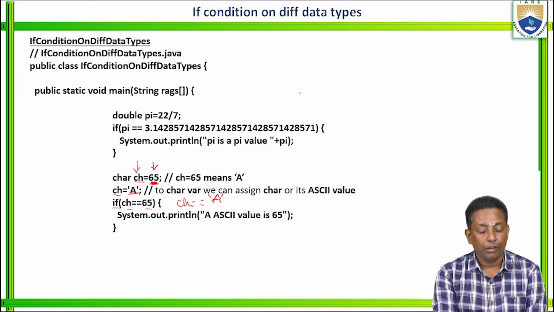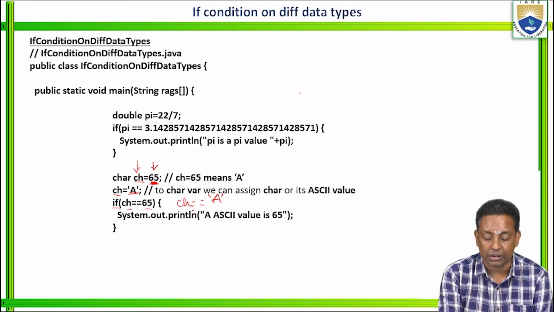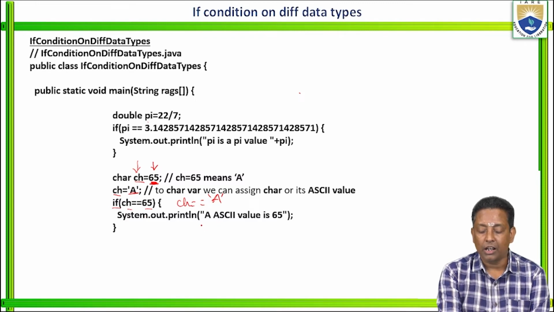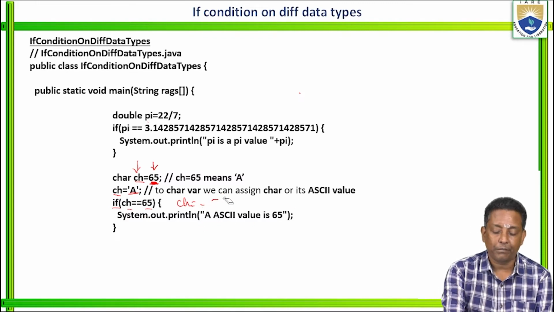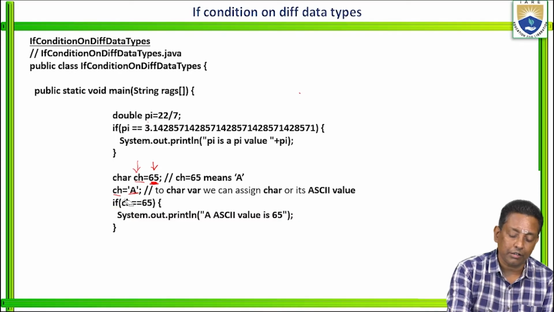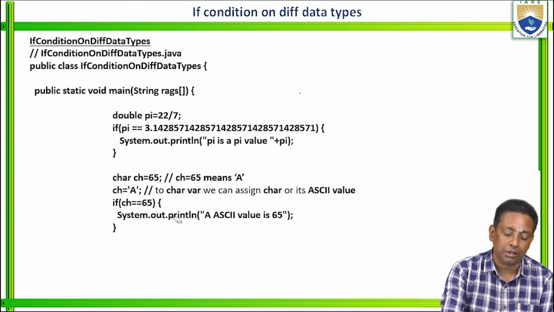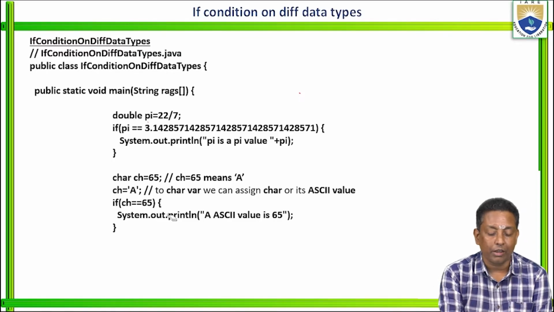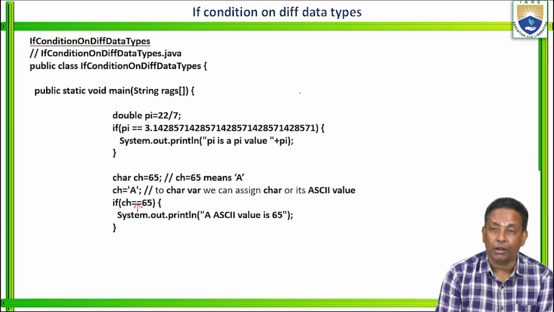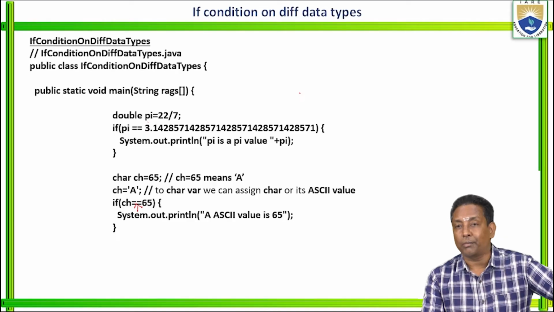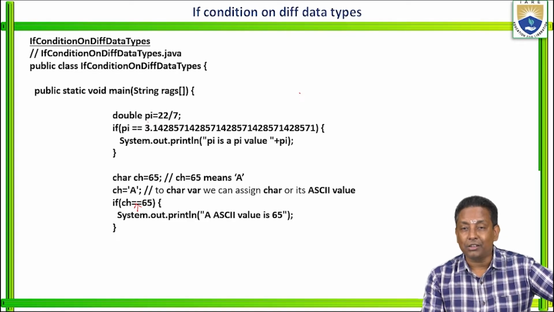Both are the same. If ch is equal to 65 or ch is equal to 'A', then we print System.out.println "A ASCII value is 65". That statement will be printed. Character comparison, double comparison and integer comparison are all the same; we are using the equal to operator. What type of operator is equal to? It is a relational operator.